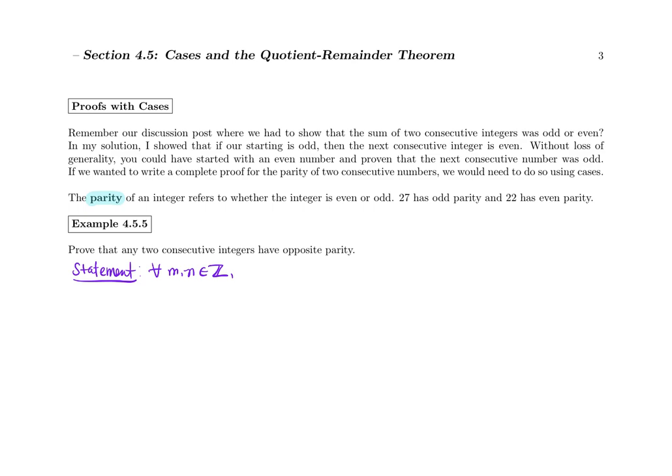For all m and n in Z, if m and n are consecutive, and remember we defined that for ourselves earlier, then m and n have opposite parity. So that is what we are trying to prove.